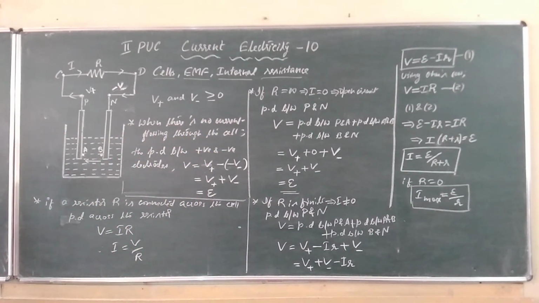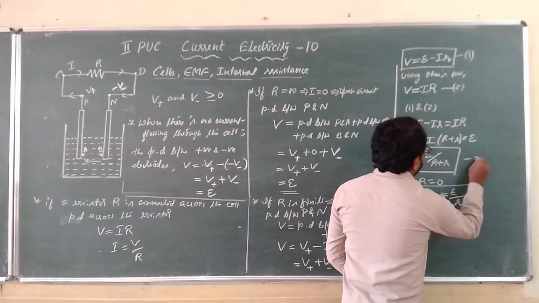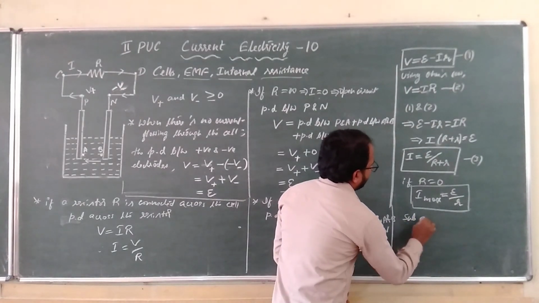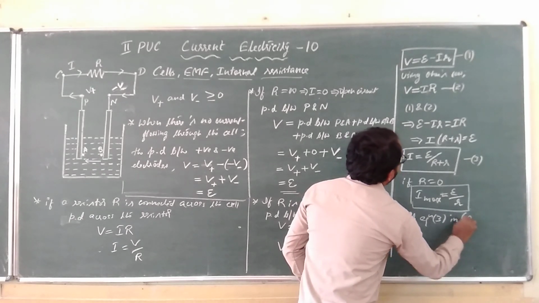Okay, so I is equal to E by (R plus r). Now substituting in equation 2, say this is equation 3. So substitute equation 3 in 2.